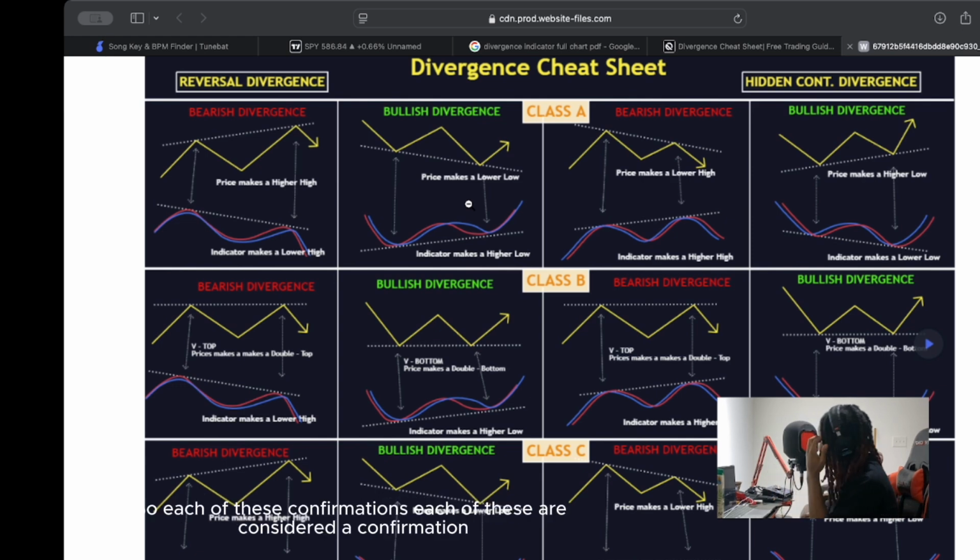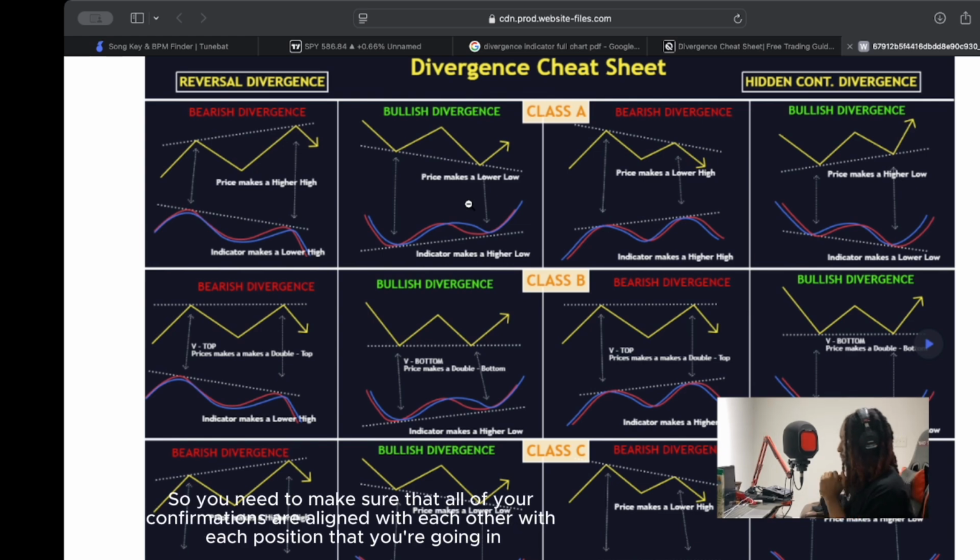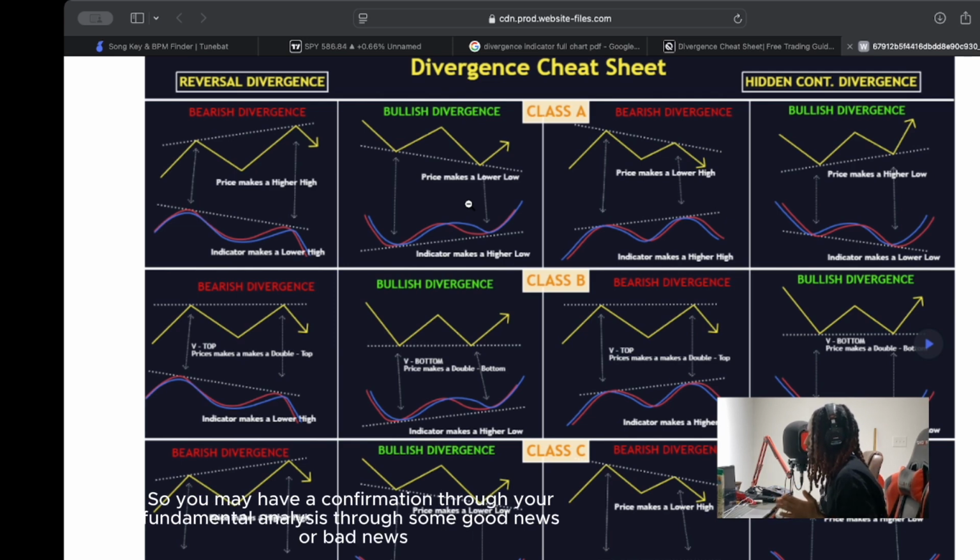Each of these is considered a confirmation. You need to make sure that all of your confirmations are aligning with each other with each position you're going in. You may have a confirmation through your fundamental analysis, through some good news or bad news.